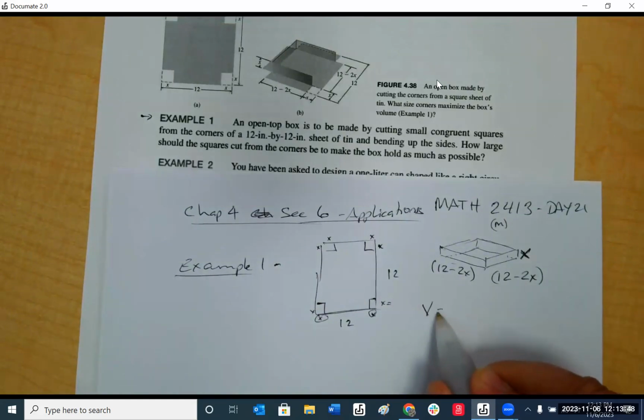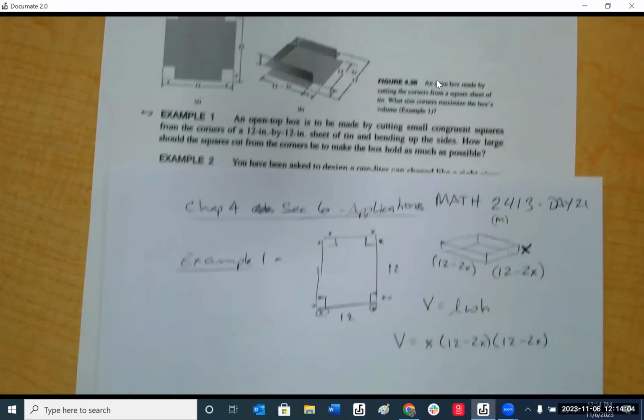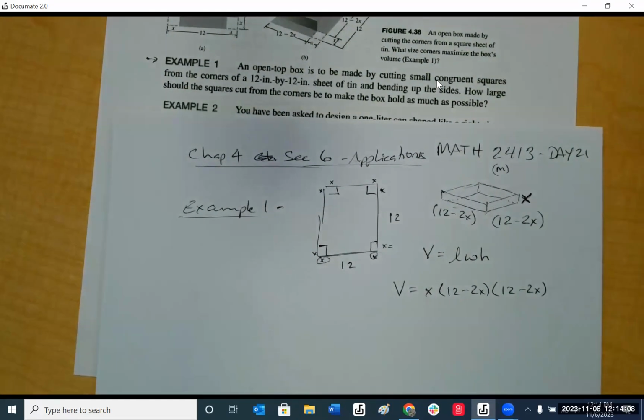So our volume is length times width times height: x times 12 minus 2x times 12 minus 2x. But we're looking for an optimization, a maximum volume problem.